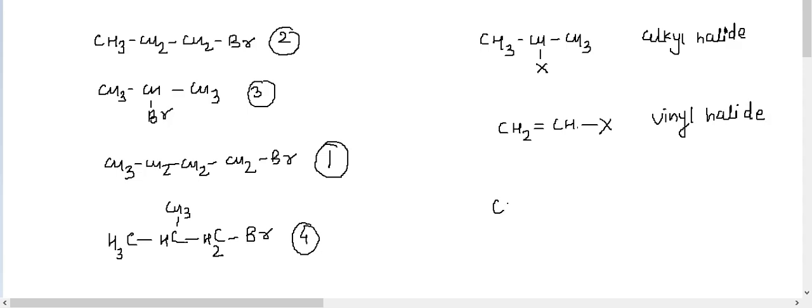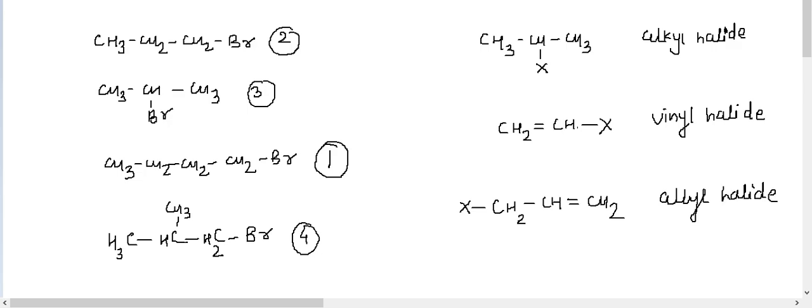Next, there are compounds like CH3, CH=CH2. This arrangement is called allyl, and if you replace one hydrogen of allyl with a halogen, this compound is called an allyl halide.